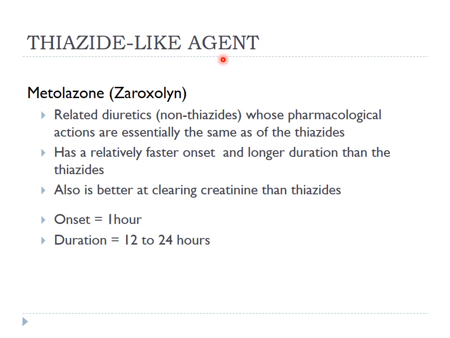It's also better at clearing creatinine than thiazide, so it can work a little bit there. It has a little bit quicker onset as well. So if you're allergic to thiazide drugs, which are chemically similar to sulfonylureas, then you might want to use this one instead.